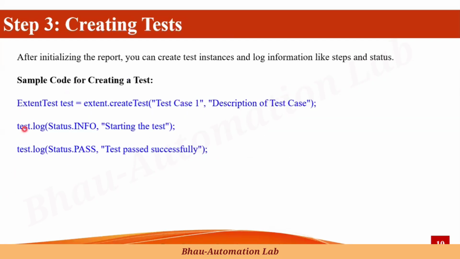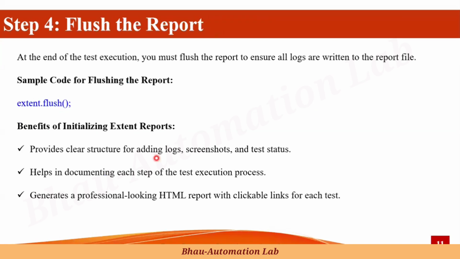The same way we can provide the logs here: test.log(Status.INFO, starting the test case), test.log test passed successfully. This way it will create a proper reporting format. And at the end of the test execution, you must flush the report to ensure that all the logs are written to the report file.